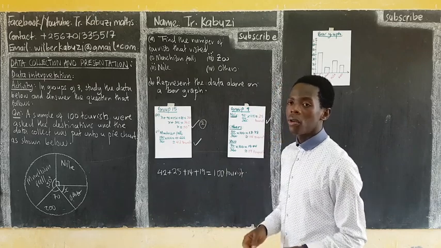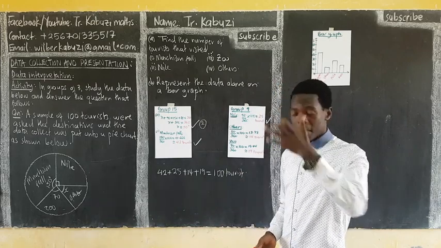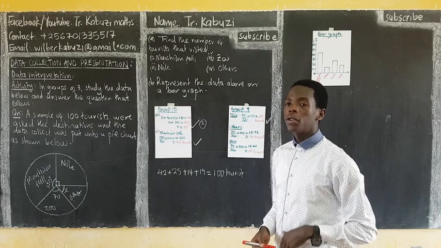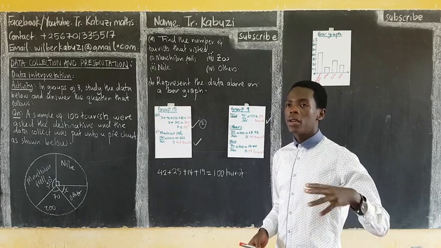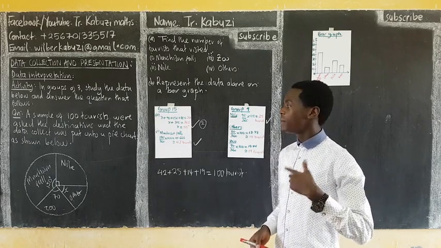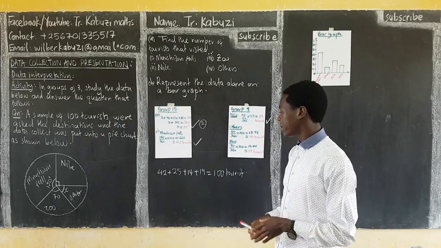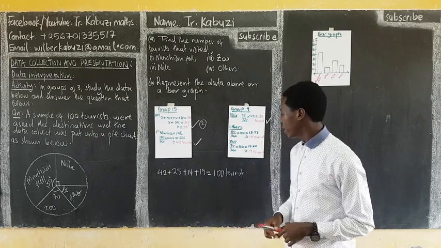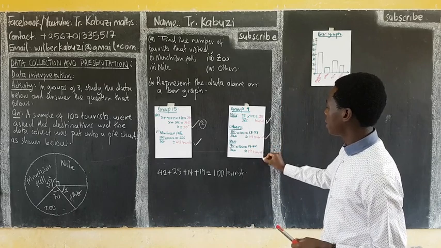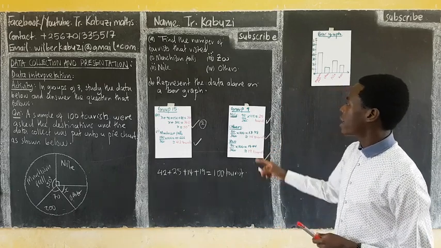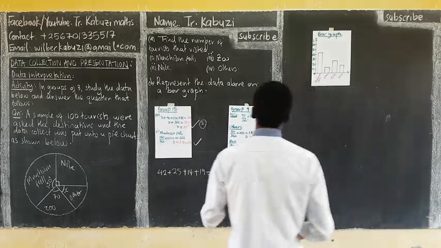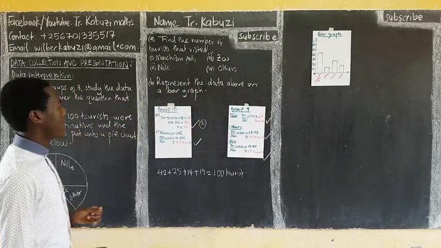If you are converting to degrees, maybe they want us to get a pie chart. So you first add those angles. They should add up to 360. So if these are right, now from here they're going to draw a bar graph.